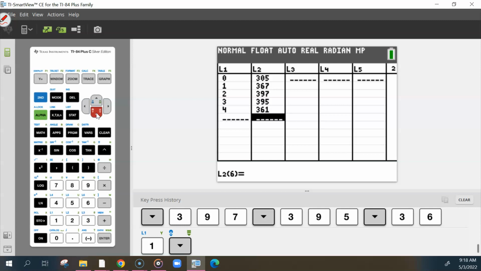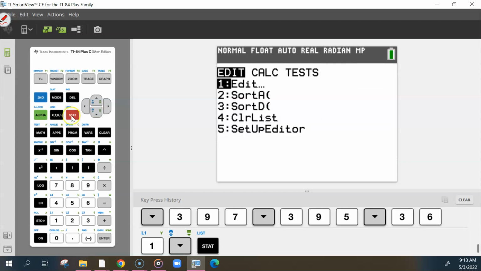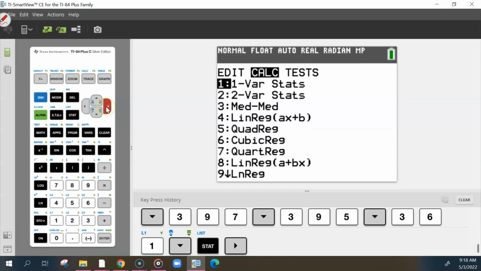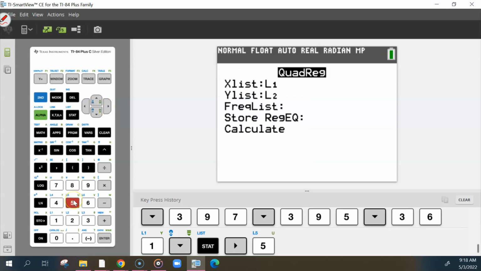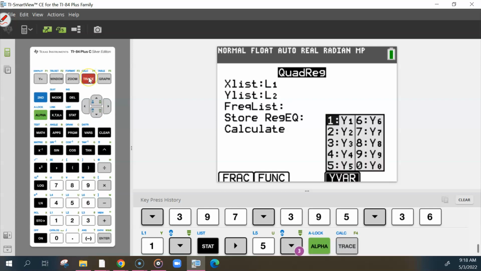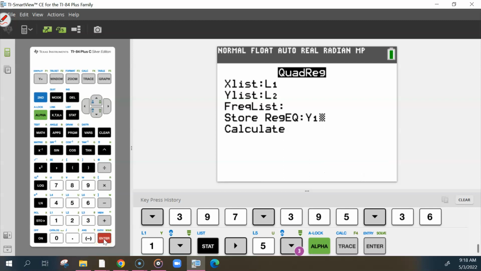Once you have your data in, go back into stat, scroll over to calculate, number 5. Here we do need other things. So I'm just going to store this. I'm going to hit alpha trace and store it in one of these. So scroll down to store regression equation is what that stands for. Hit alpha, hit trace, and pick one of those to store it in, doesn't matter which one.